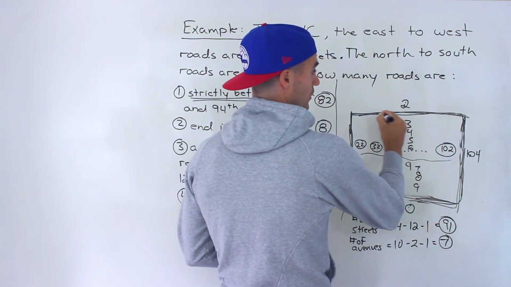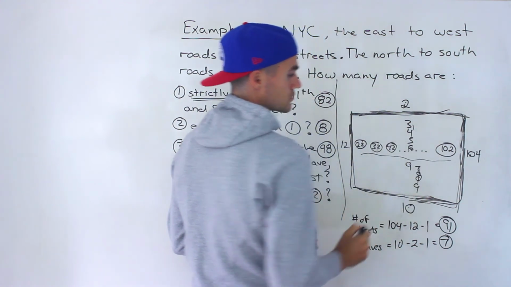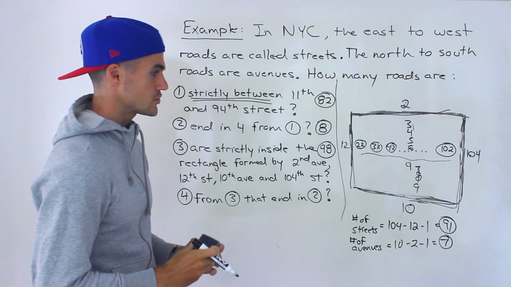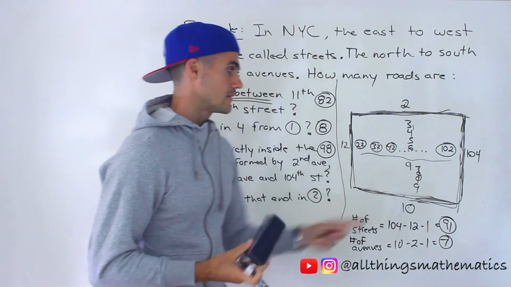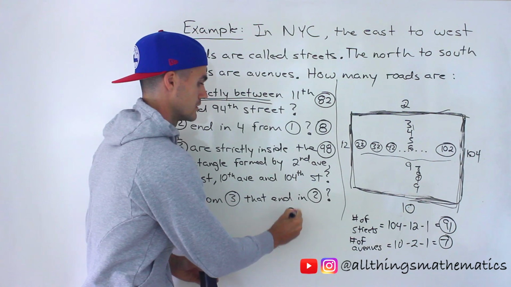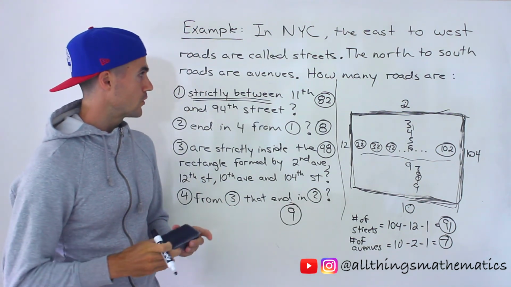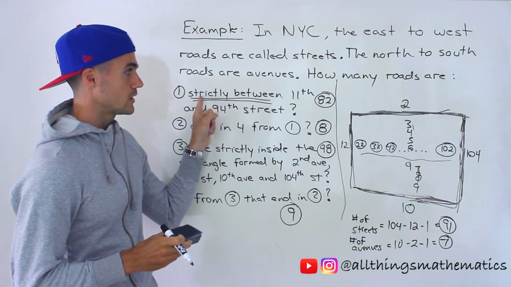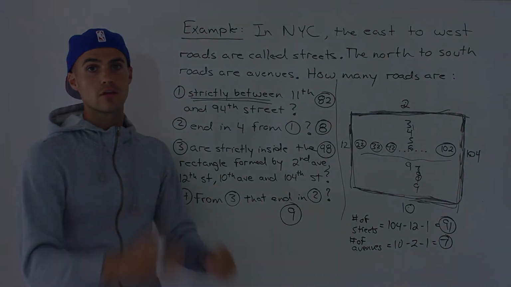The 2 ends in 2, but we're not counting that one. It has to be in between. None of those end in 2. So it's actually just the streets that we would count, and the answer would be 9 for number 4. With these kinds of questions, be careful with the wording. This strictly in between, you don't just subtract those 2 endpoints. You also have to subtract the 1.